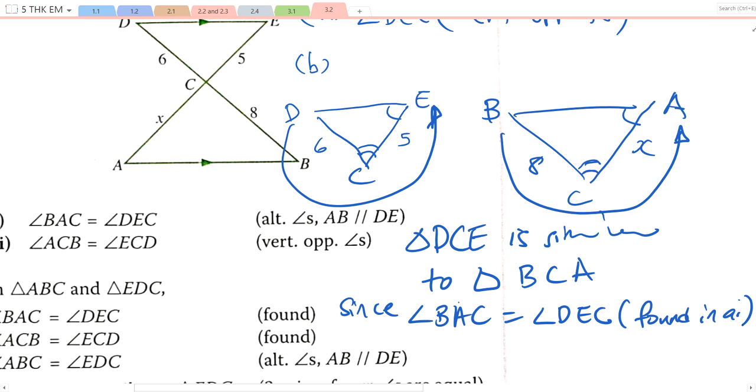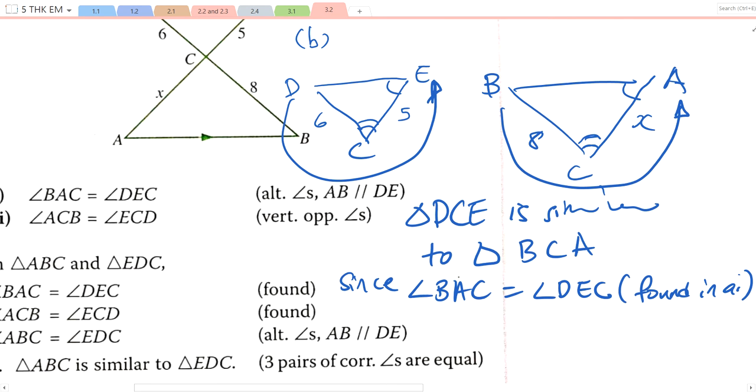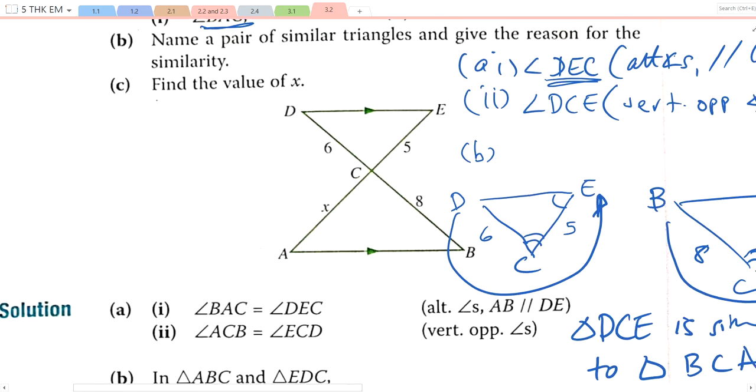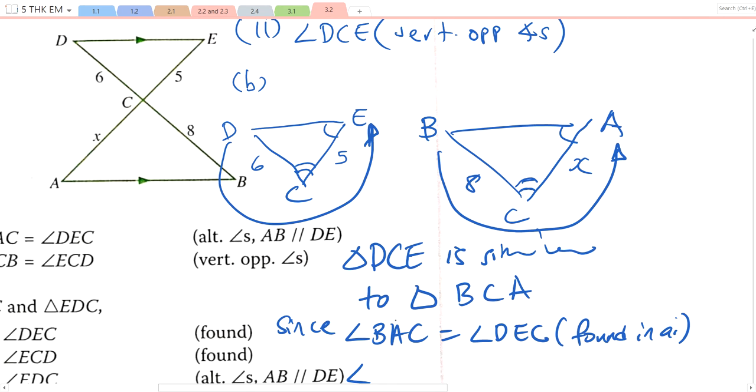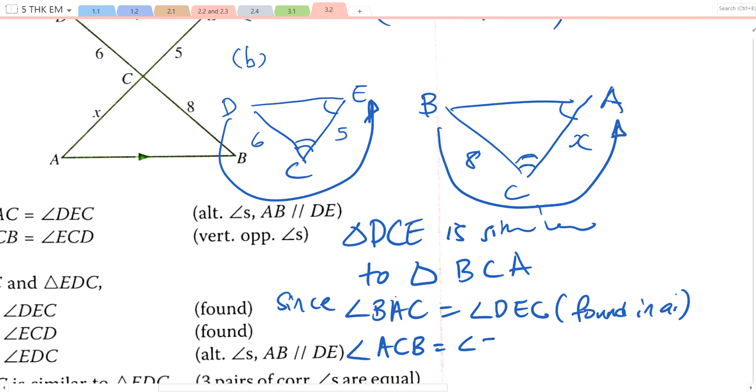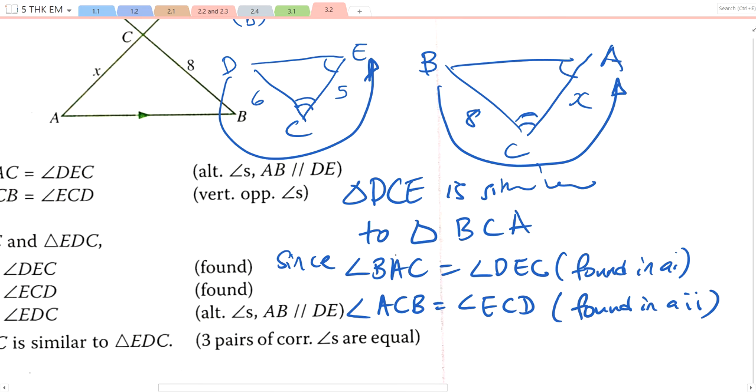Right? We found it. It was not given to us. Since this is equal to this, and the other angle was what? ACB. ACB equals angle ECD. This was found in A part 2. Yeah, we found it earlier. No point doing it all over again, right? We're going to use the answer we found from the previous one.